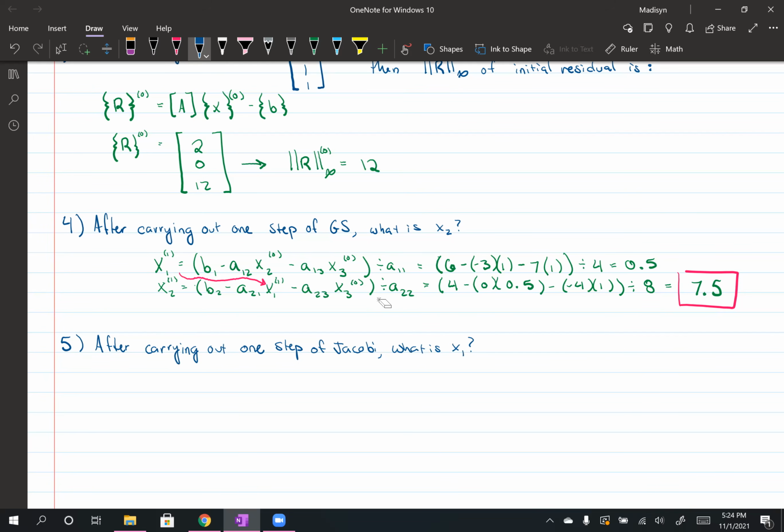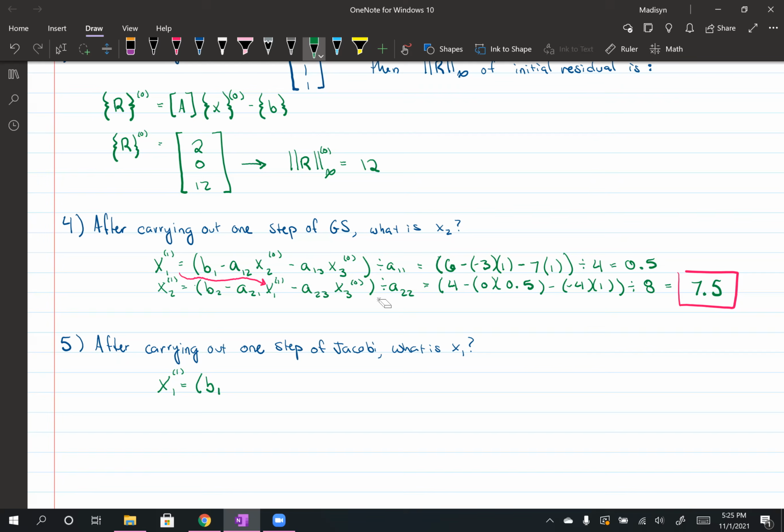The formulas for Jacobi iteration and Gauss-Seidel iteration, as I said before, are extremely similar. The only difference is that Jacobi's not self-updating, but Gauss-Seidel is. So I believe just finding your first component of x should actually be identical.